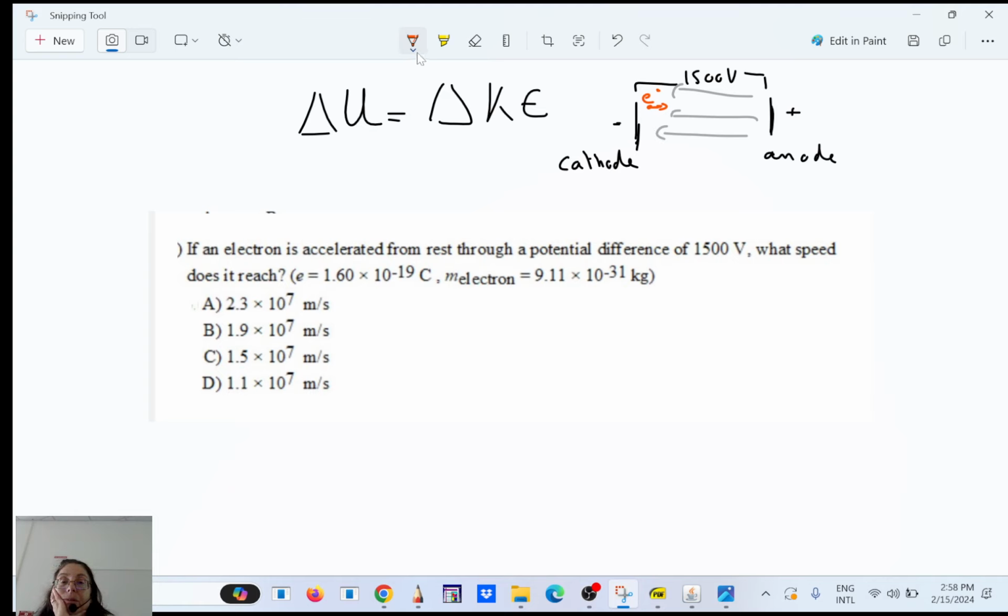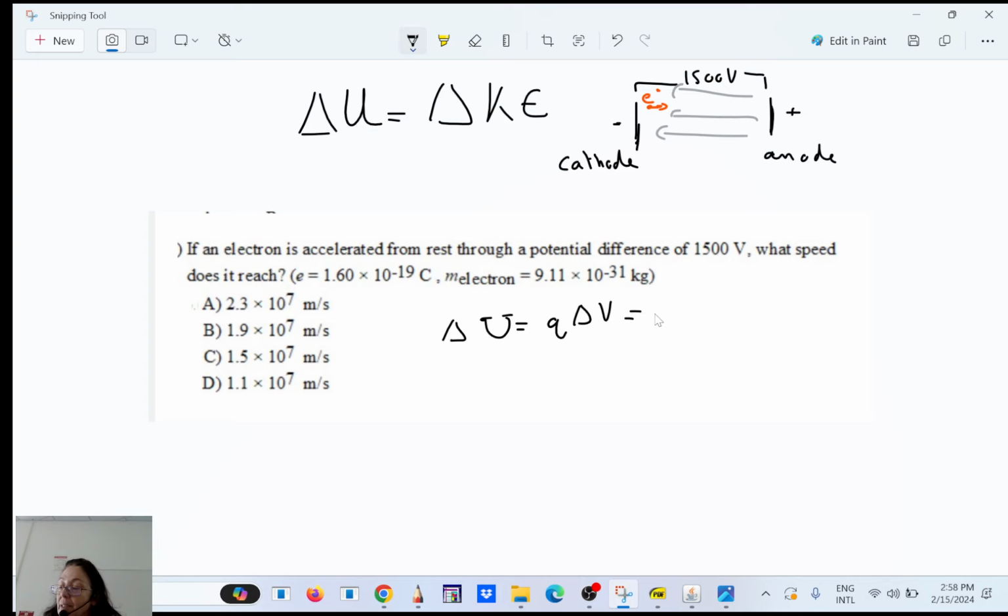Okay, so the potential energy equals, by definition of potential or voltage, q delta V. Yes? Okay.